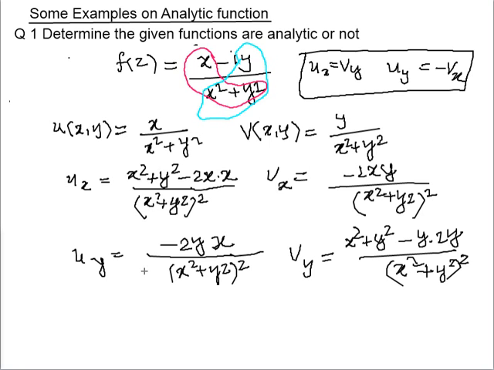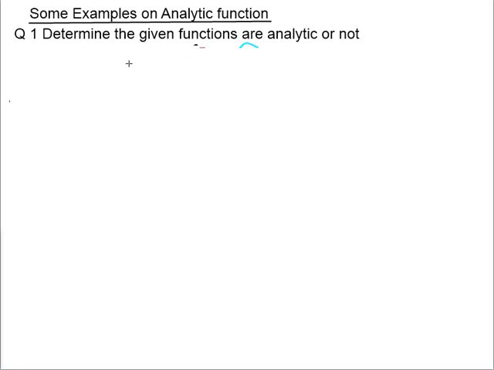One more example I will show you: f of z equal to z cube. Then we have to check whether it is analytic or not analytic. Everybody knows that z equal to x plus iota y, so z cube is x plus iota y whole cube. First we have to simplify it by opening this whole cube.